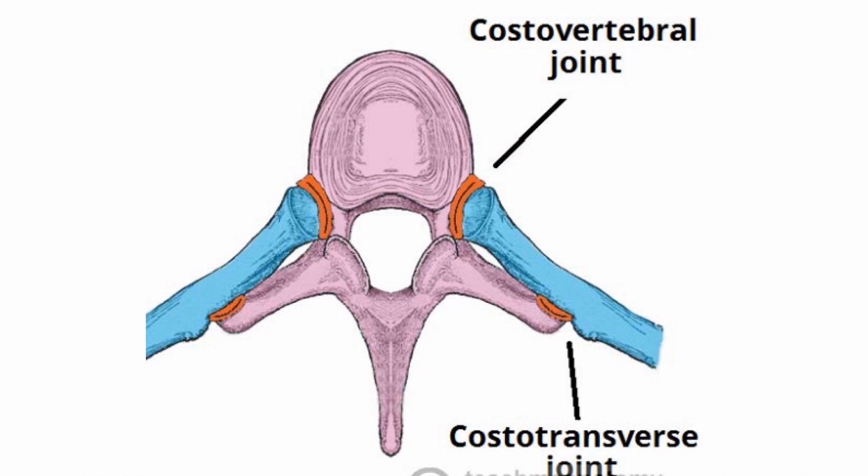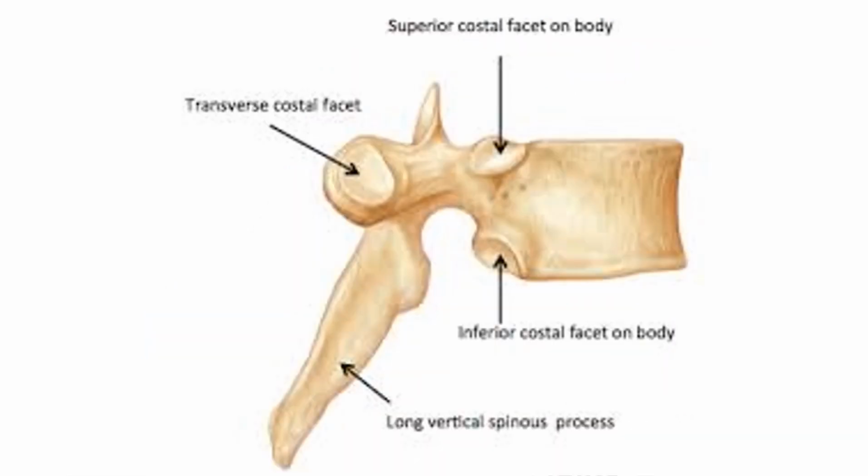Now, in this image, although it is a drawing, we can see that the head of the rib articulates with the facets of the vertebra, and then as they go posteriorly, they articulate again with their articular tubercle and the transverse process of the thoracic vertebra. In this image, I can see a typical thoracic vertebra.